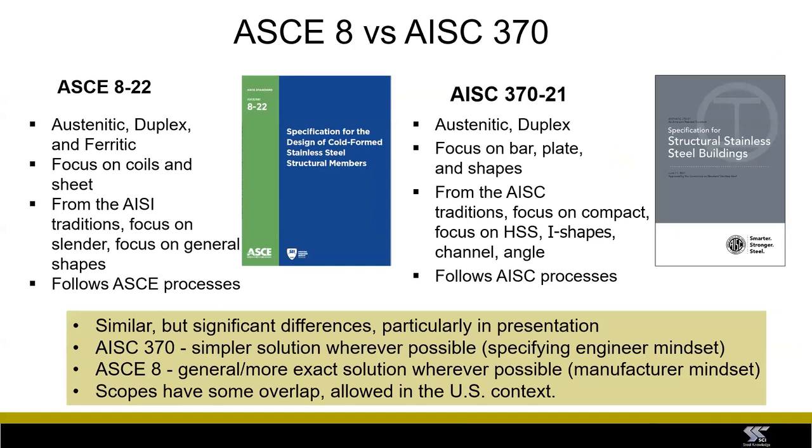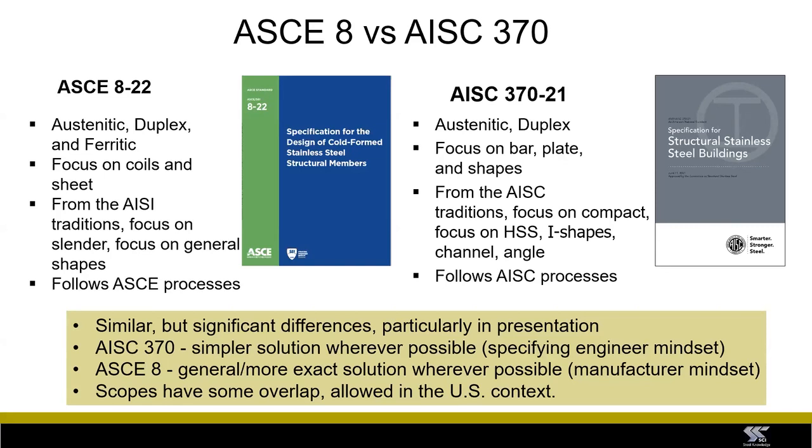A comparison with ASCE 8 and AISC 370 is shown on this slide. So as I said, ASCE 8 covers the ferritics as well as the austenitic and duplexes. Ferritics, because of course these are light gauge applications, focusing on coil and sheet from the AISI tradition following ASCE processes, whereas AISC 370 is the heavier sections.